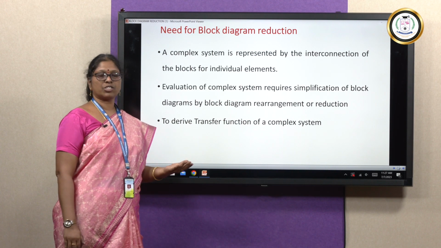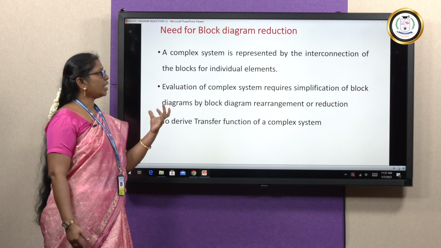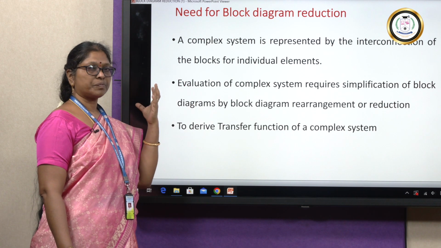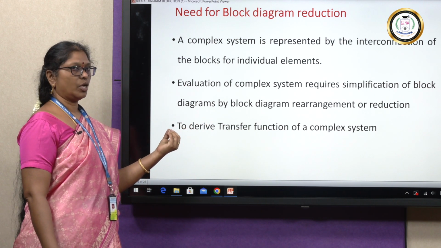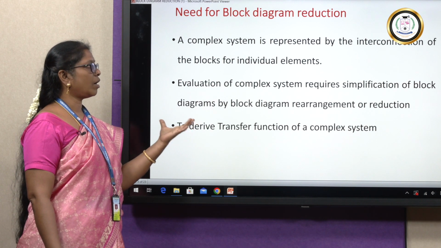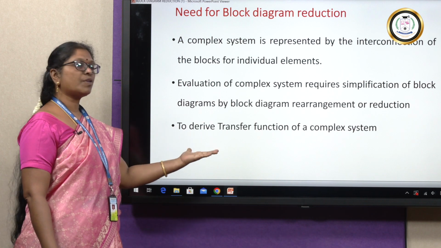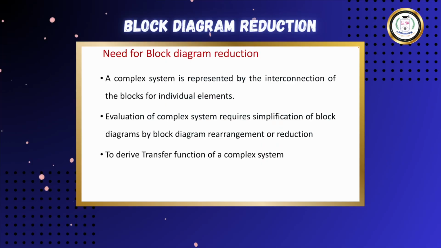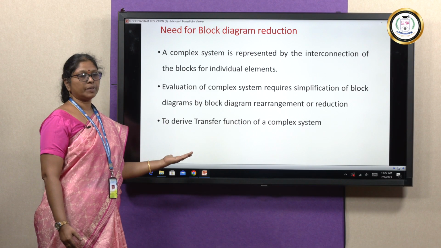When you rearrange or reduce the block diagram, we can get the characteristics of the system. If you have a complex system, we can reduce it and find the transfer function of the complex system. So, to derive the transfer function of a complex system, we go for block diagram reduction.